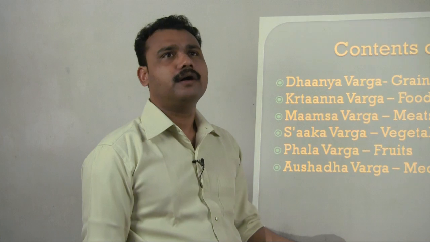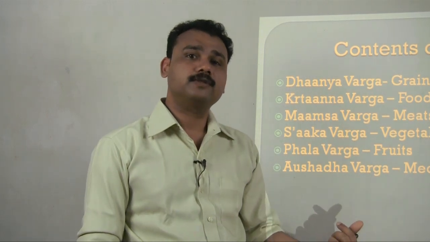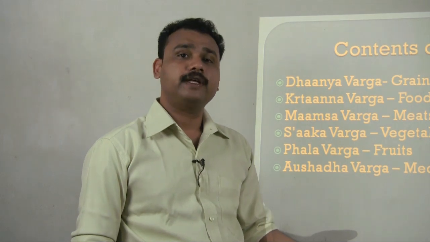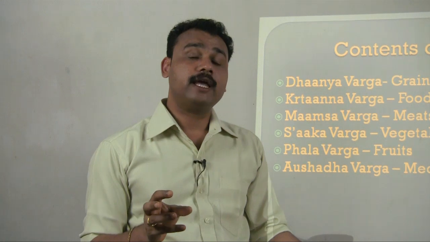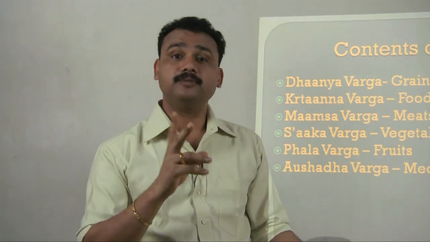And next comes the Shaka Varga, where he further classifies into fruit vegetables and leaf vegetables and further subclassifications. And then comes fruits, and the last, Aushadha Varga, where he explains substances like spices, which can also be used as medicines.